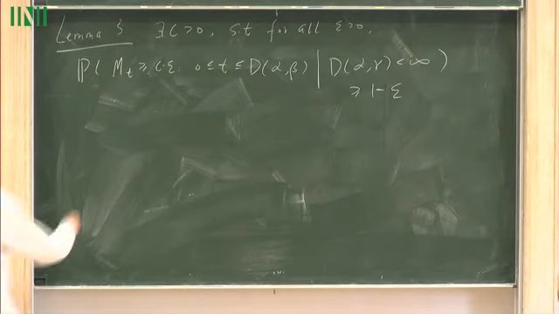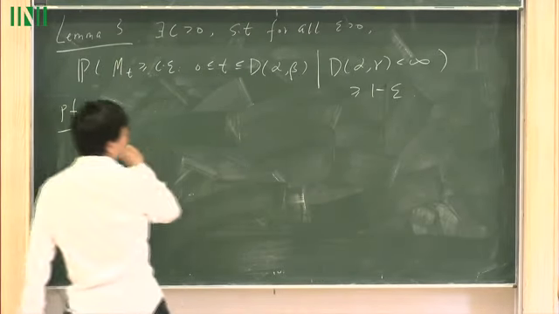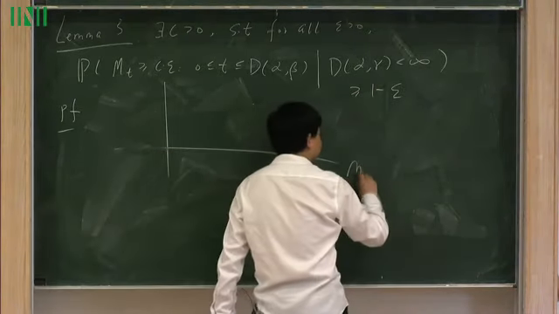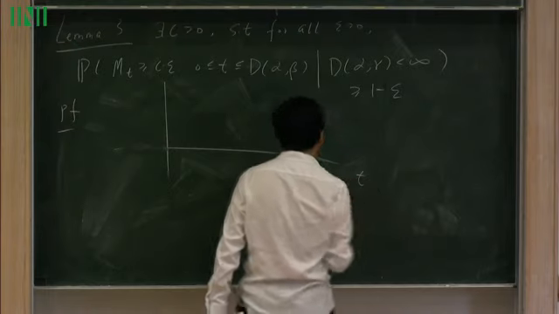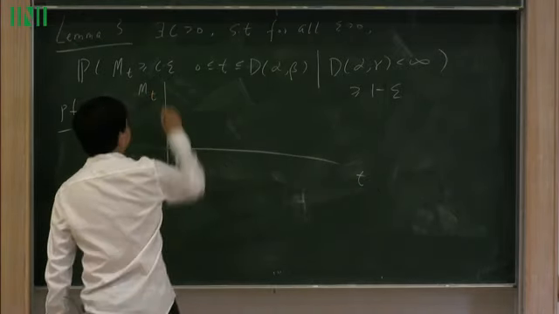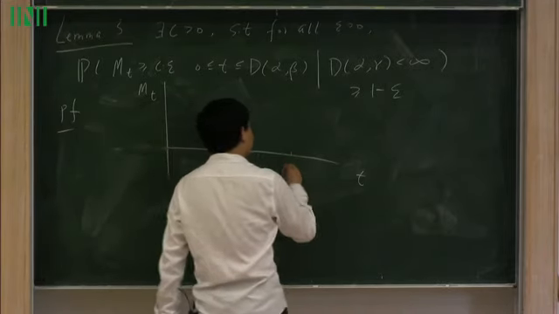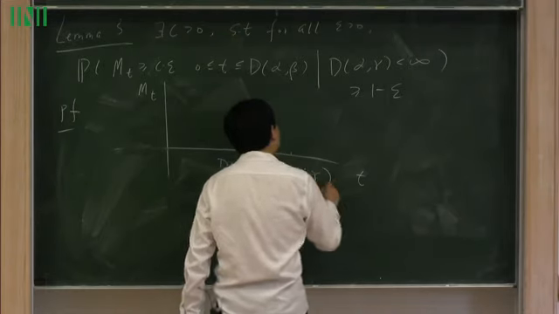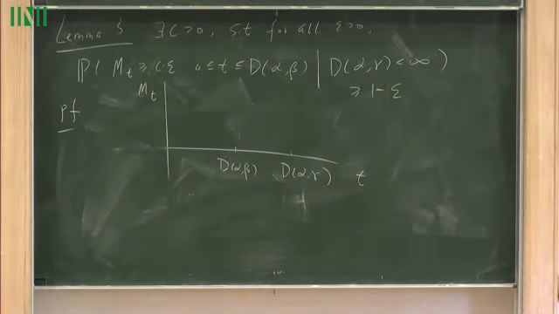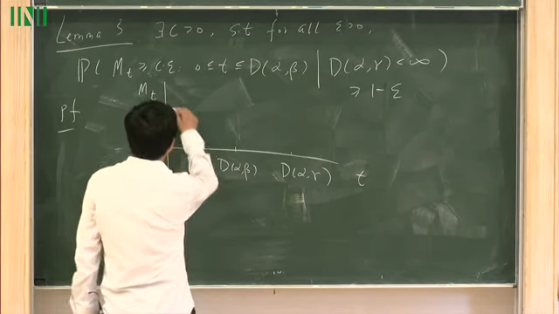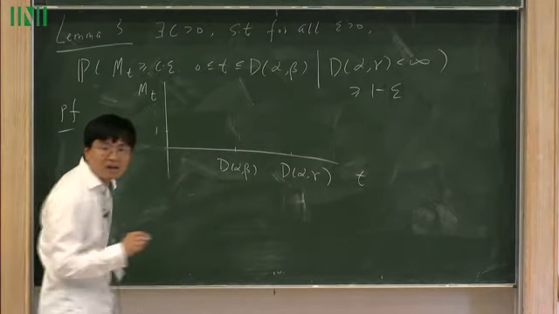And why is this? Let's draw a picture. This is my martingale M_t. This is my axis t. This is my value of the martingale. Here is the distance between alpha and beta. Here is the distance between alpha and gamma. Suppose my martingale starts at 1, right?